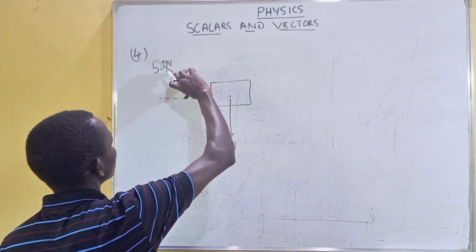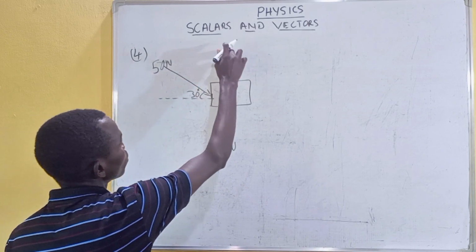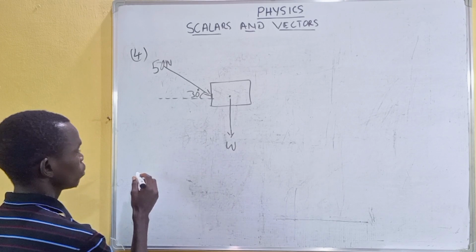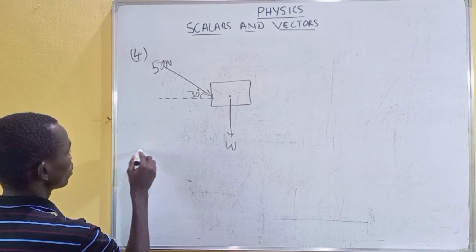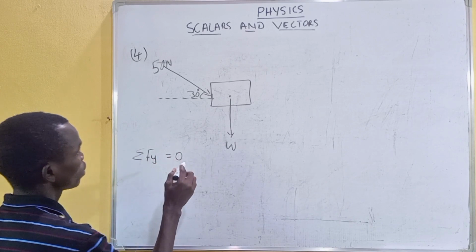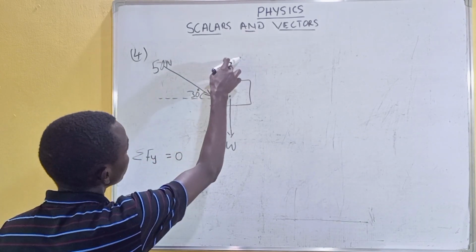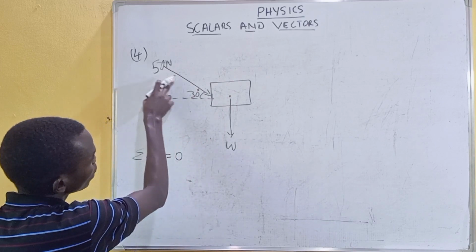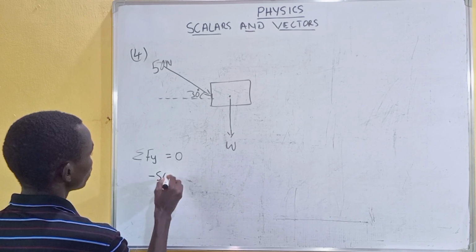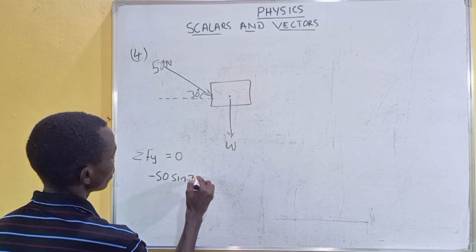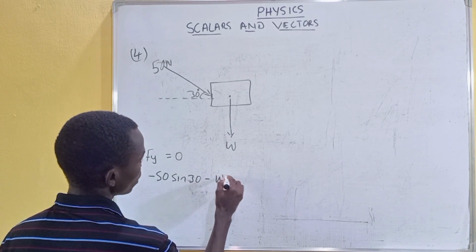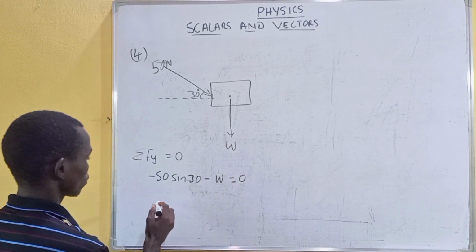So you will resolve this 50 Newton to the vertical direction to get our weight. The sum of the vertical forces is equal to 0. When you resolve this to the vertical, it's acting downward, so this will be minus 50 sine 30, and the weight is also acting downward, minus weight equals 0.